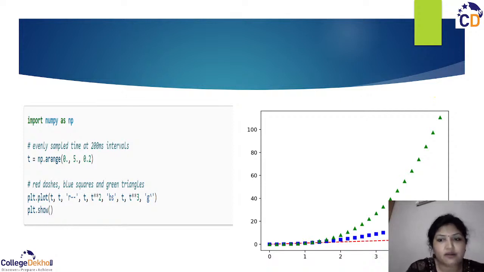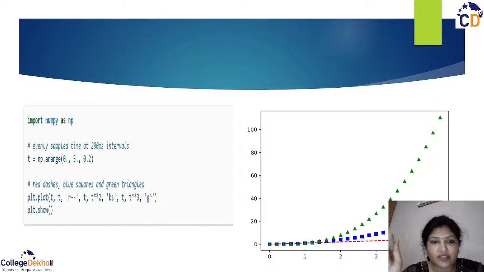a dash line, a red dash line. So r is for red, and for the dash you write two dashes. The same way, again you are giving the variable t and t into 2, right? And you are giving bs for that. Then again you are putting a third line, t into 3.